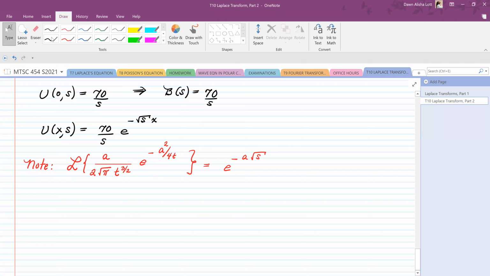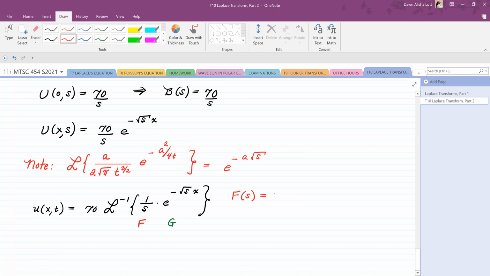So u of x and t is, I'm going to pull the 70 out and do the Laplace inverse transform of 1 over s times e to the minus square root of s x. So now I'm going to let this be f. I'm going to let this be g. So f of s is 1 over s.